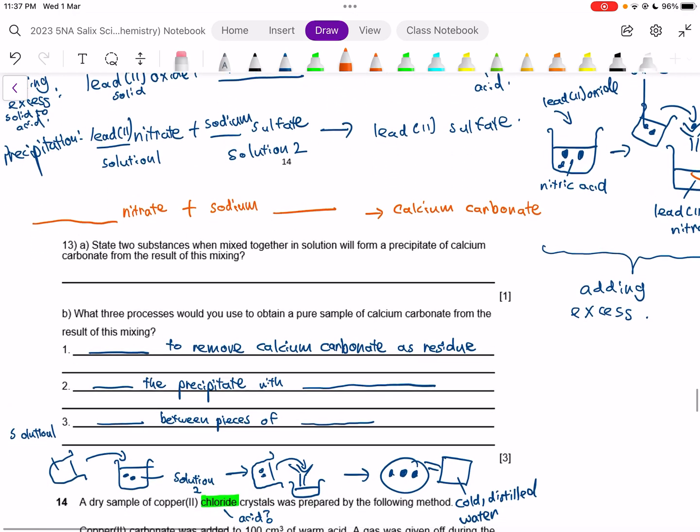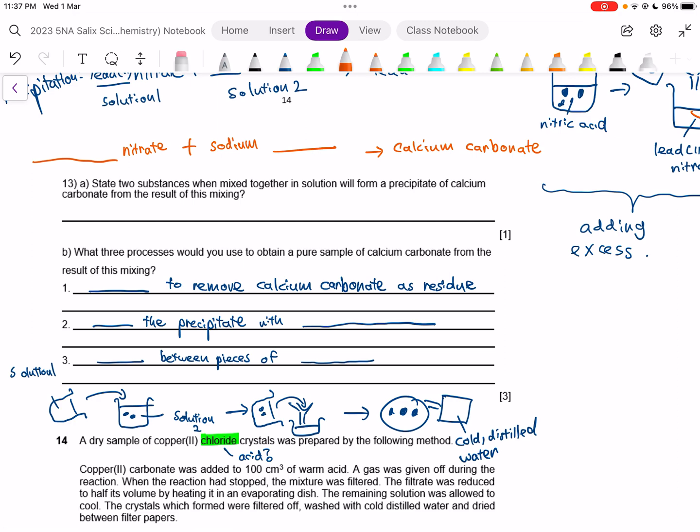The cation, the metal, follows the nitrate, and this one follows the sodium. So two substances can be calcium nitrate and sodium carbonate.